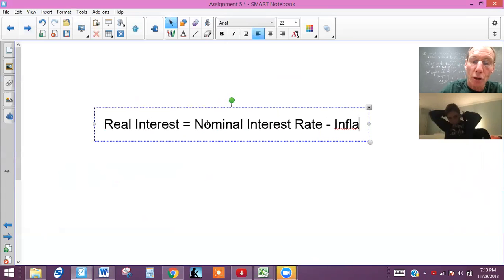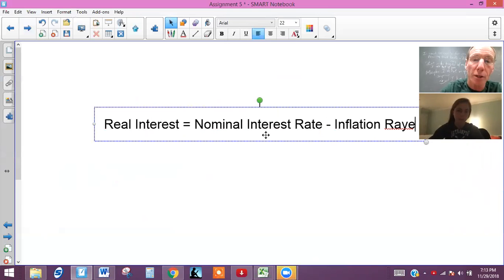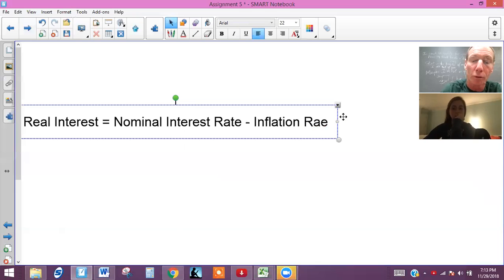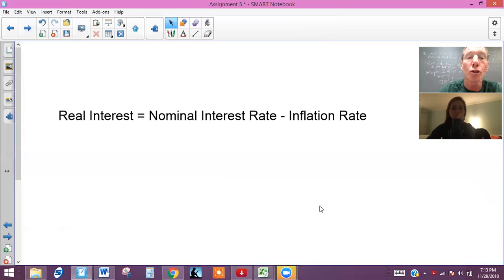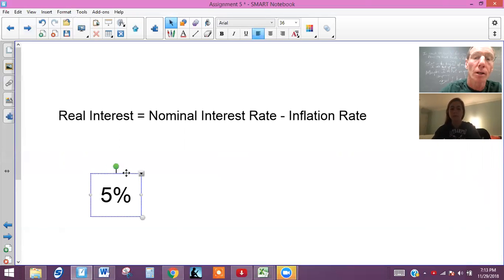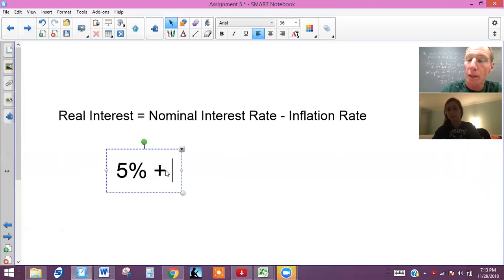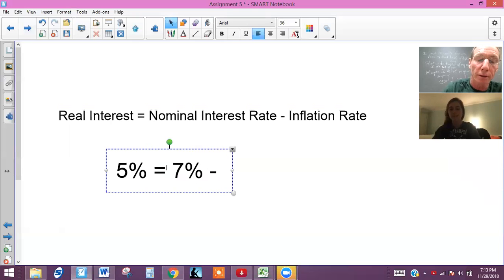Now if we start off with a loan and say that the lender wants to earn 5% real interest, and let's say the expected inflation rate is going to be 2%, so they're going to charge 7% nominal.